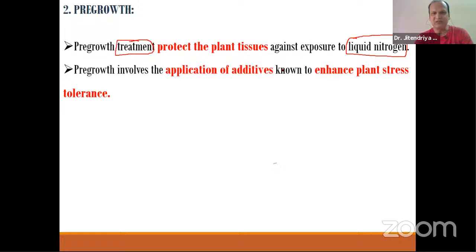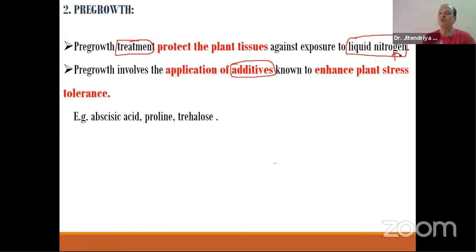What does it mean? That means certain additives are utilized so that the tissue can bear the stress of this liquid nitrogen. And they have the ability to tolerate those conditions, for which these additives may be of many types.